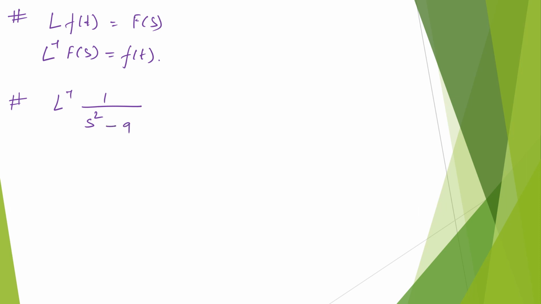To find the Laplace inverse of this, we check which formula it matches, like 1 over s square minus a square, which is somewhere in sine hyperbolic at or cos hyperbolic at.